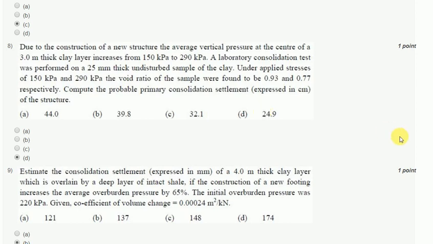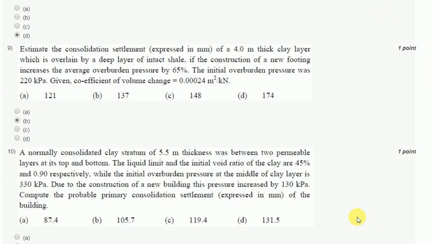Now move to question number 9. In this question, we have to calculate the consolidation settlement of a 4 meter thick clay layer, which is overlain by a deep layer of intact soil.